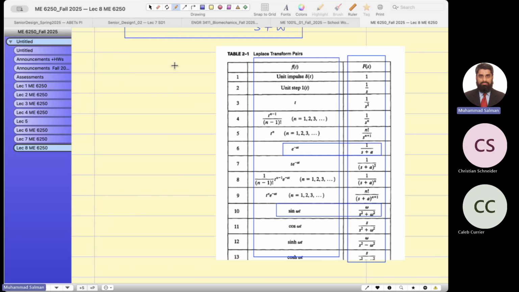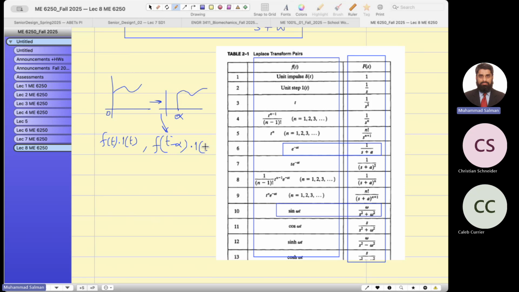There are some properties you can write down: if the function is translated to another time delay, for example alpha, this is f of t at time 0, but this one starts at t minus alpha, a little bit of delay.